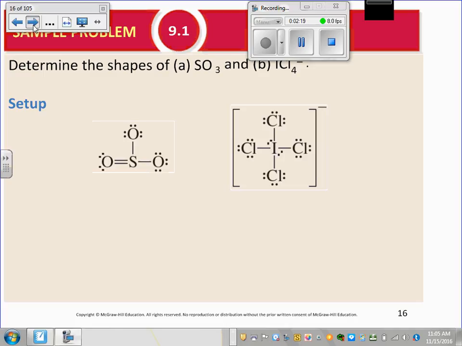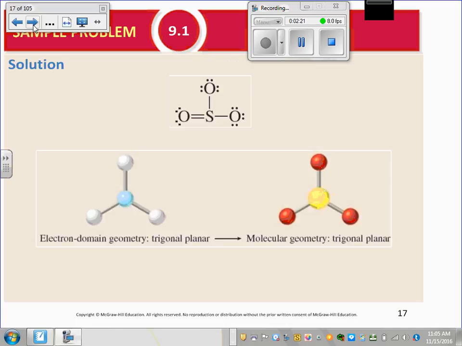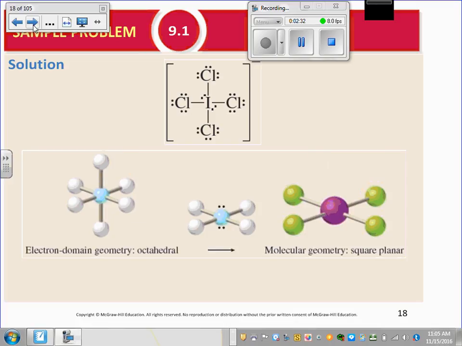And so there is the SO3, where the electron domain and the molecular geometry are the same. And there is the ICl4 minus. The electron domain is octahedral. But if we take the top and bottom atom off and replace them with electron pairs, then we become square planar.